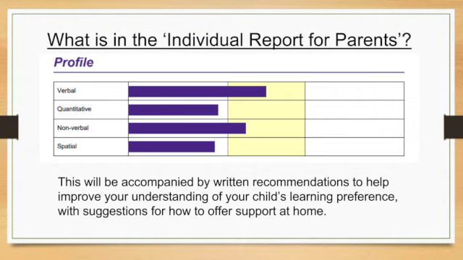Average just literally means in the mathematical sense that is where most people will fall, that is the average range. So this student's profile would show that their verbal and non-verbal is within the average range, but quantitatively and spatially they're falling just below the average range.